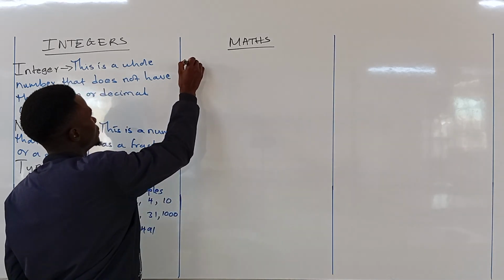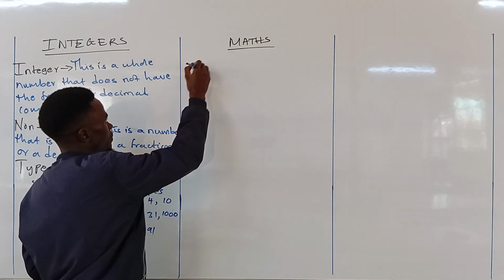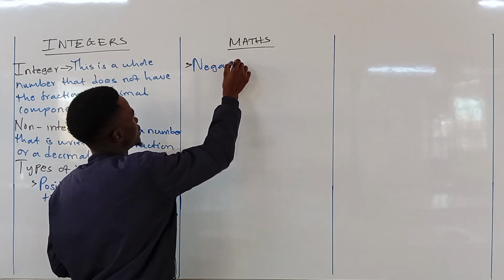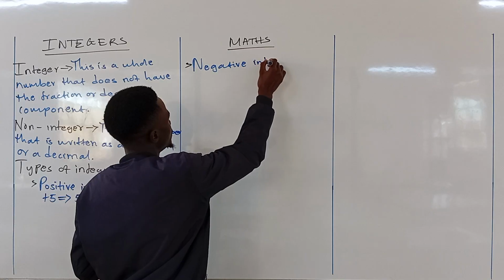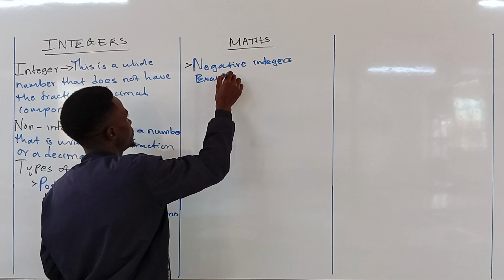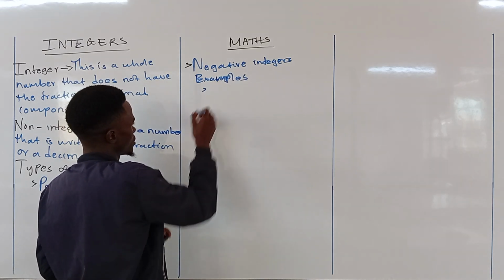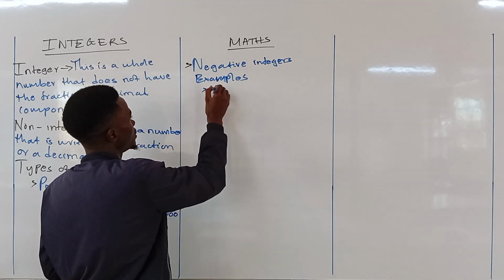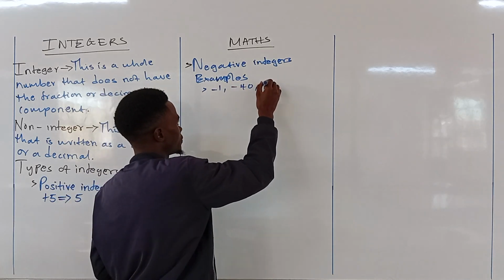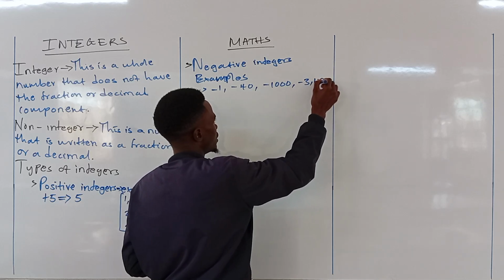On the other hand, we have the second type of integers. Those are negative integers. The negative integers are written with a sign before them. We can have a number of examples, and they include negative 1, negative 40, negative 1,000, and negative 3,427.